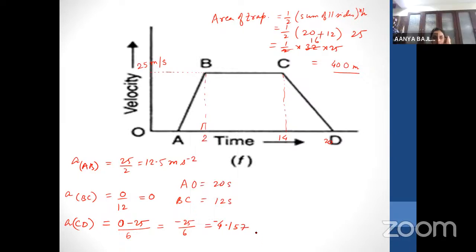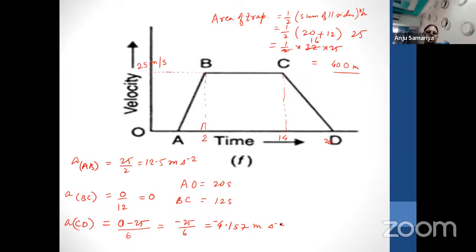Where did the 12 come from? Look here, I've marked this one as 2. This part is 2. From 2 to 14, so we get 12. But why 2 minus 14, it should be 14 minus 2, no? What is the time difference?